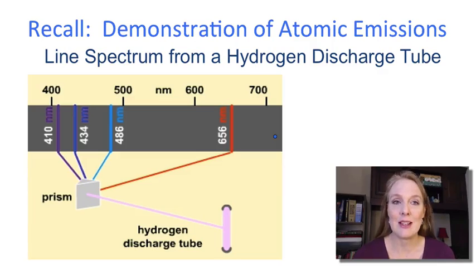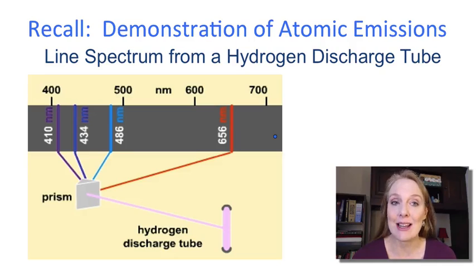As we recall that demonstration, let's zero in and more carefully consider the visible line spectrum observed from the hydrogen gas discharge tube. There are 4 lines which can be observed, which means there are 4 distinct and discrete light photon energies which are emitted. That's really important.